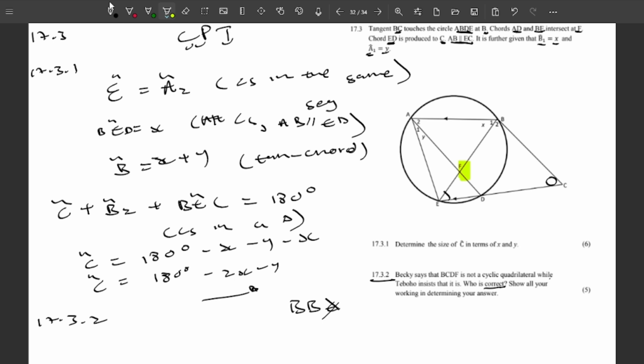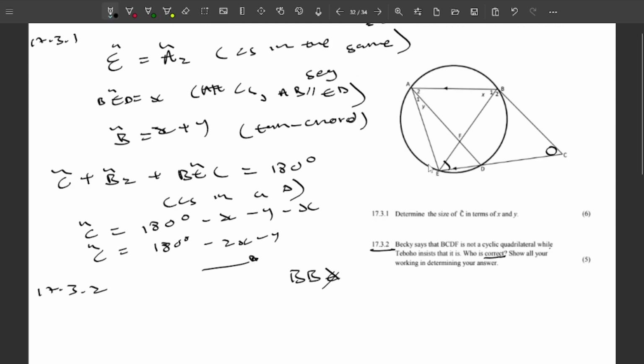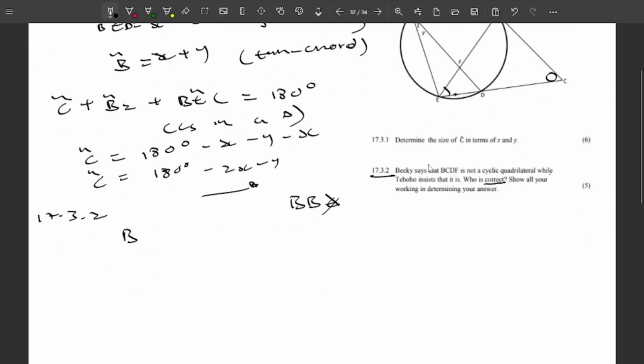Is it BFD? Yeah, I think it's fine. Yeah, BFD. So we're going to say angle BFD is equal to 2x. Why? Exterior angle of a triangle.